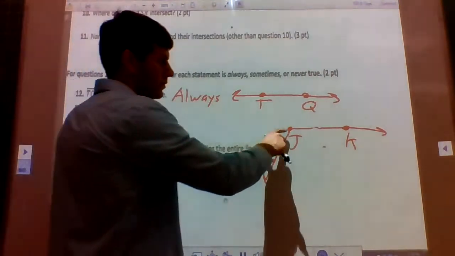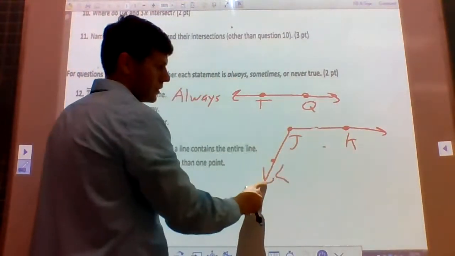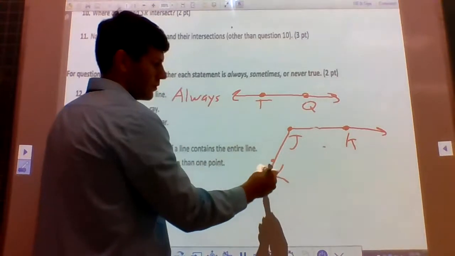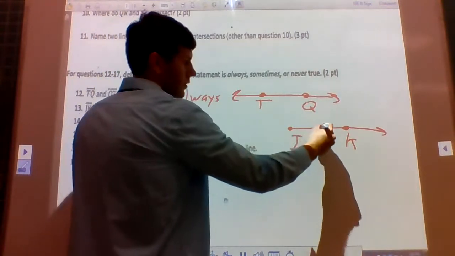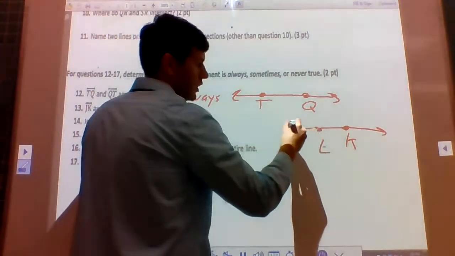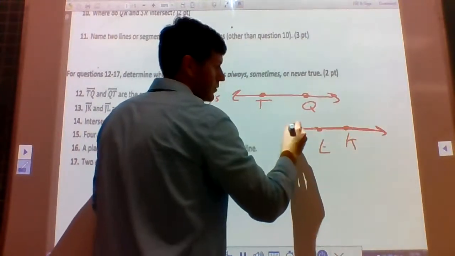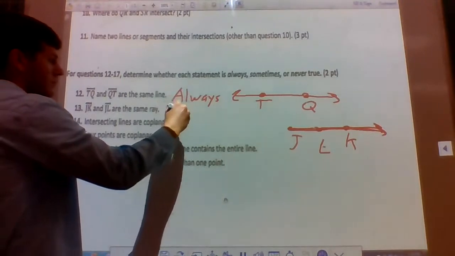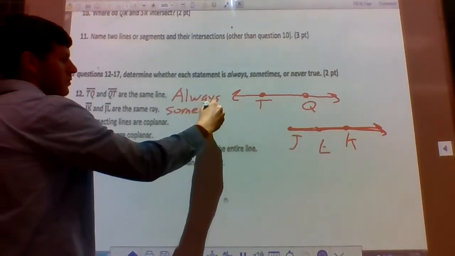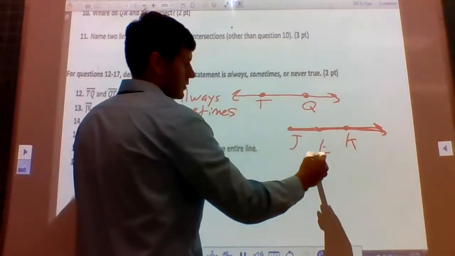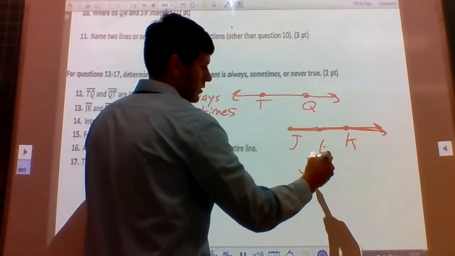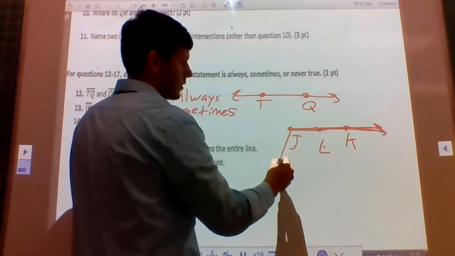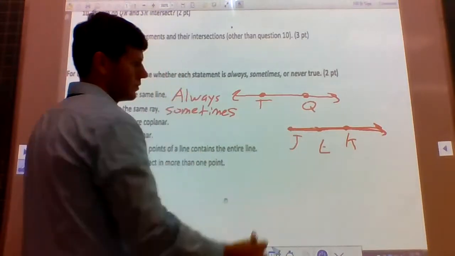This ray here is clearly different than this ray if you put L over here. But again, if we have L here, JL is the same as JK. Okay, so this is sometimes.